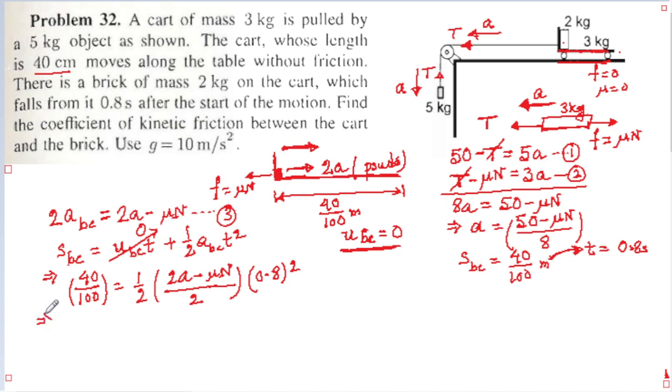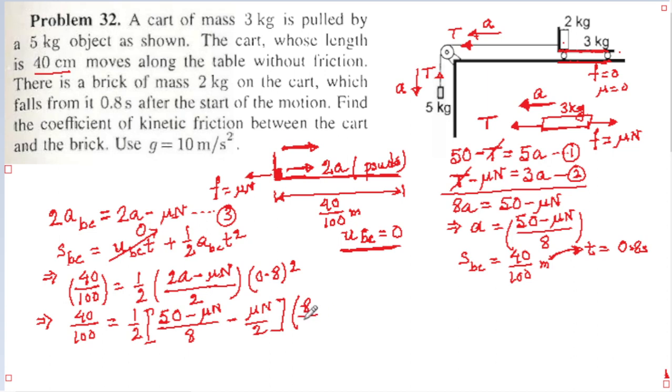We can write 40 divided by 100 equal to half into 50 minus mu n divided by 8 minus mu n divided by 2, multiplied by 8 divided by 10 squared, or 64 divided by 100.